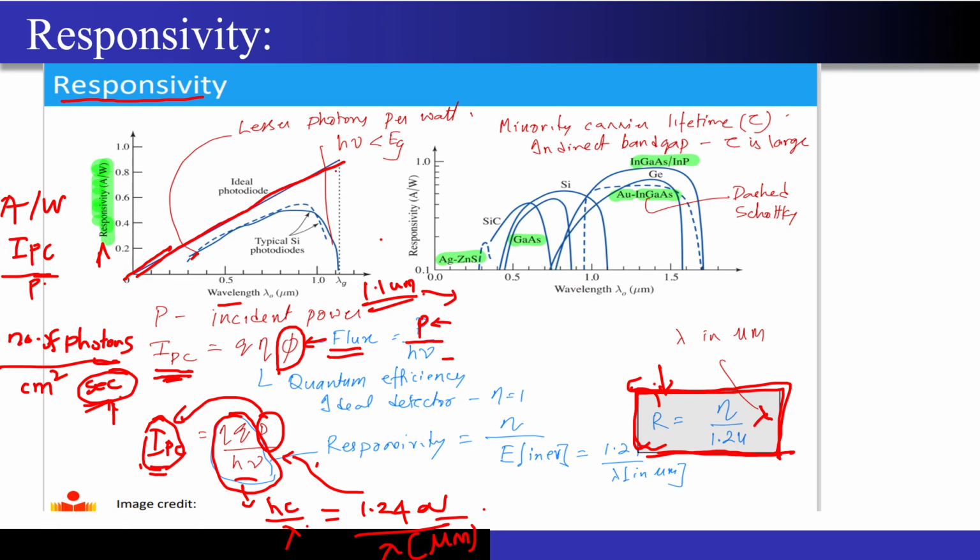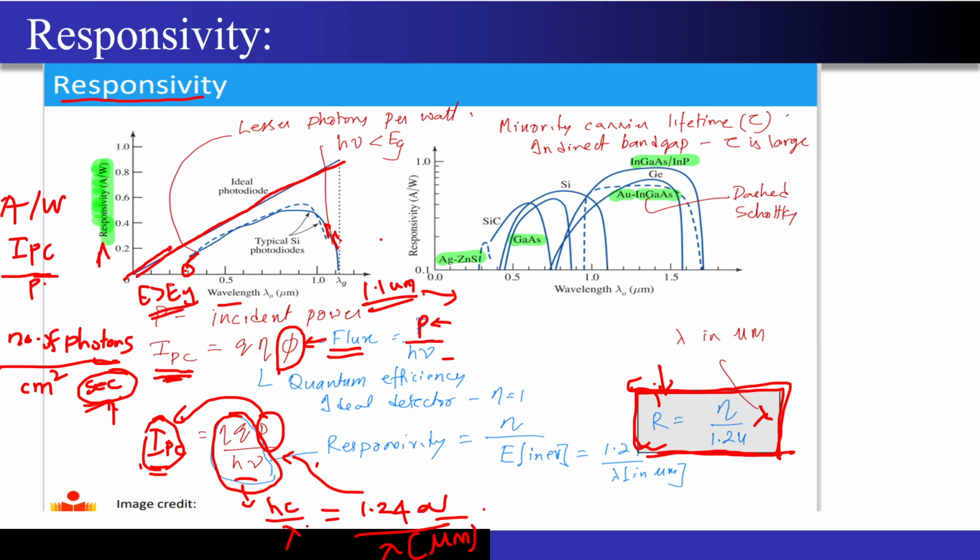Now this should be ideal, but at a higher wavelength my absorption coefficient will be very low because the energy of the incident light will be smaller than the band gap. That's why it is falling like this, correct. And what happened over here? My energy was more than Eg, right?